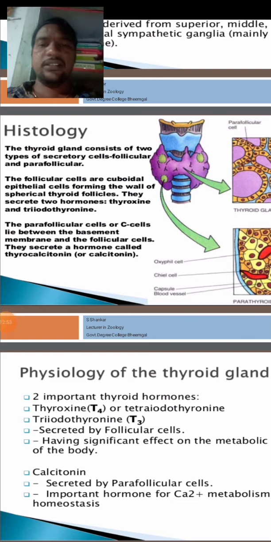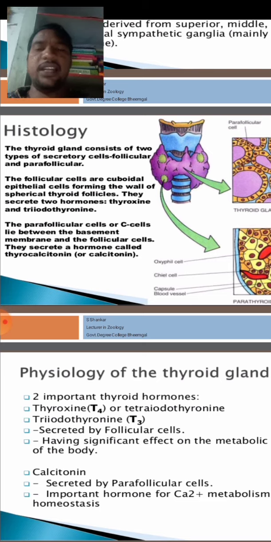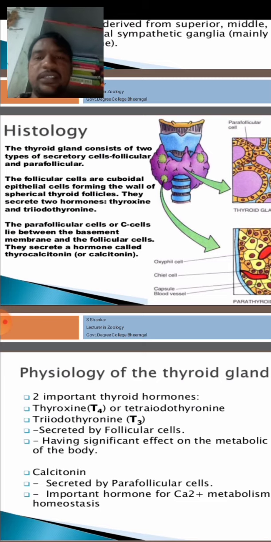The thyroid gland. The thyroid gland consists of two types of secretory cells, follicular and parafollicular.